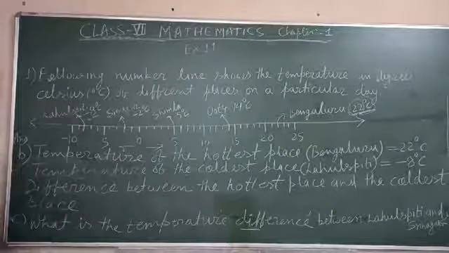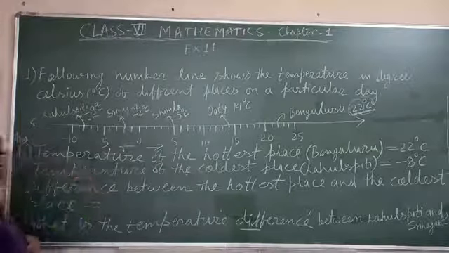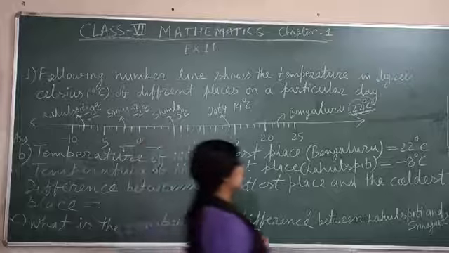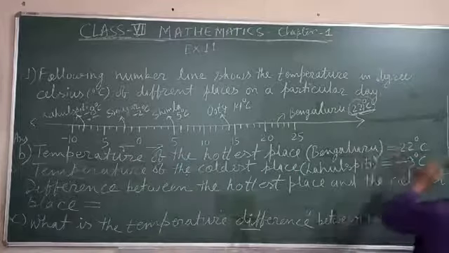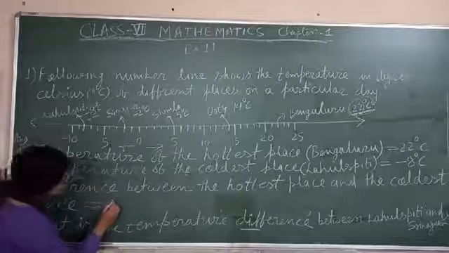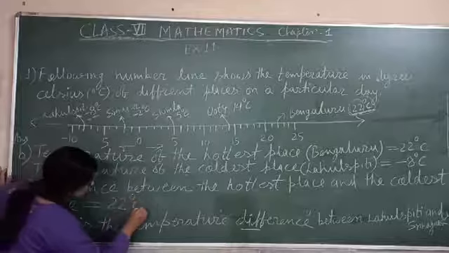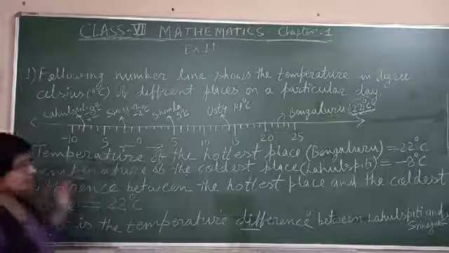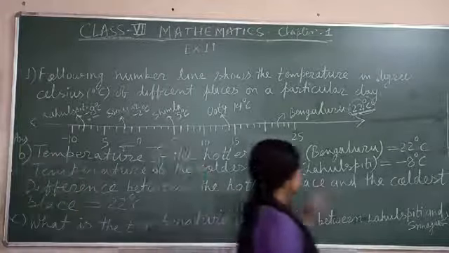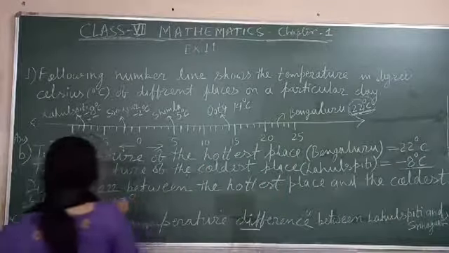So how will we do it? Difference here: the maximum temperature is 22 degrees Celsius. And the minimum temperature, the coldest, is -8, and you have to find the difference.